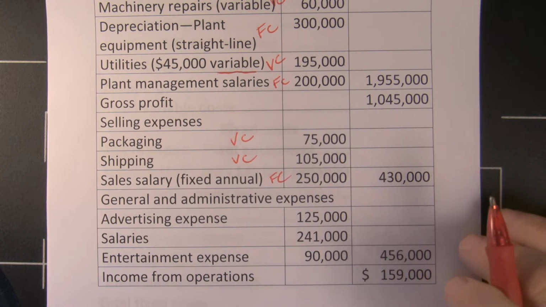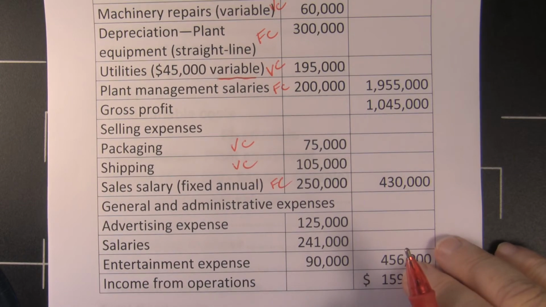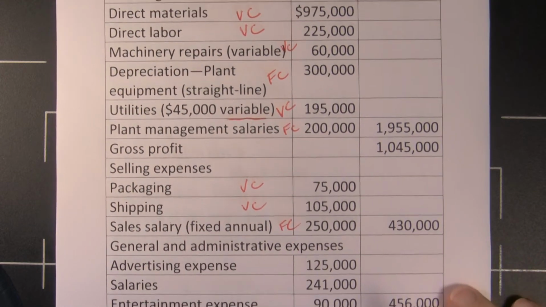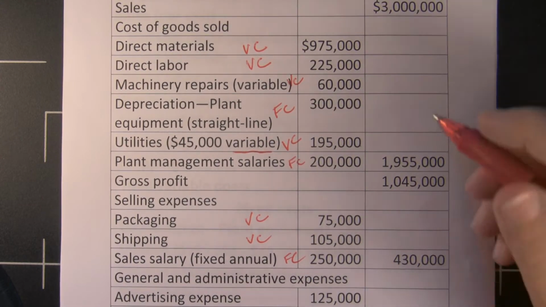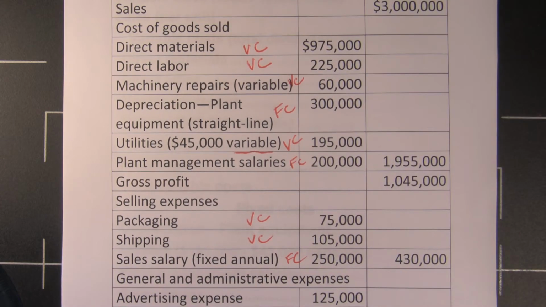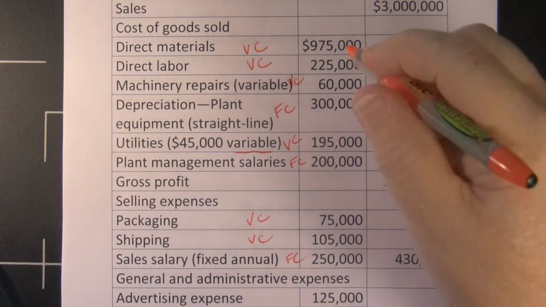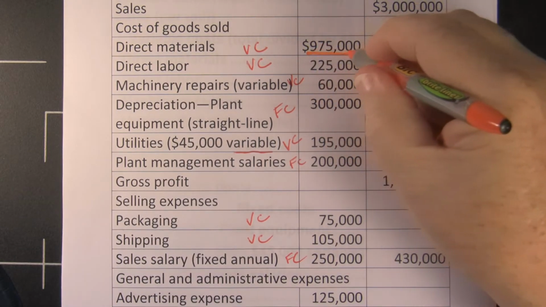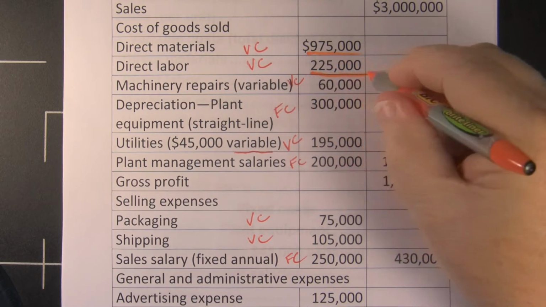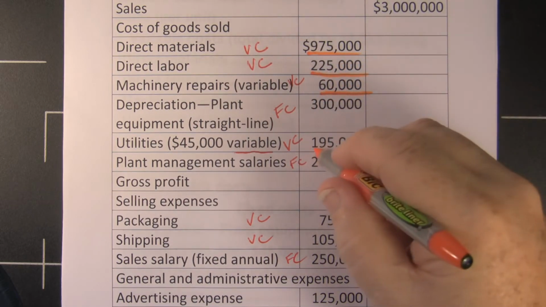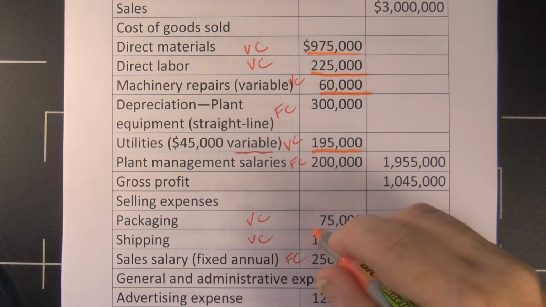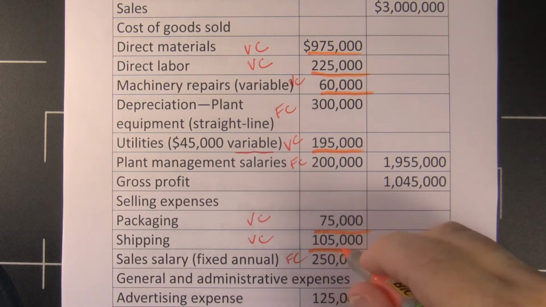The next step it says is, okay, this is for a total of 15,000 units. Let's take the items we identified as variable costs and divide by 15,000 to see what the unit cost is.